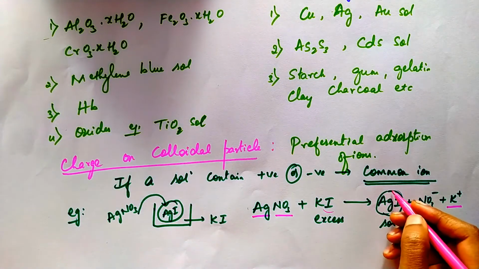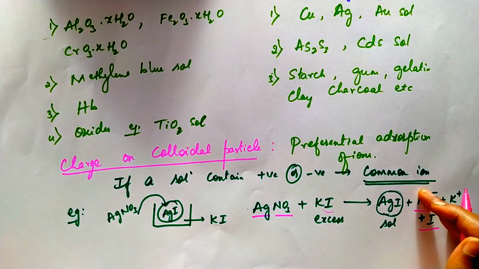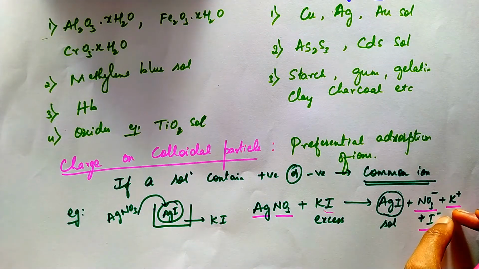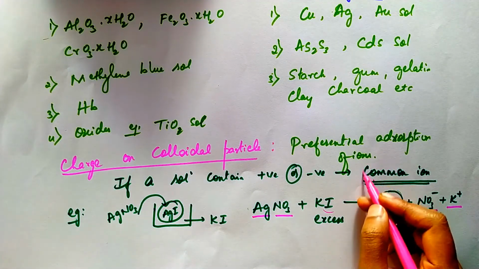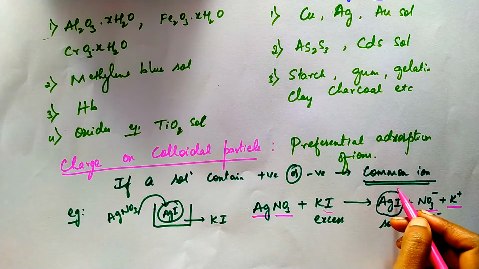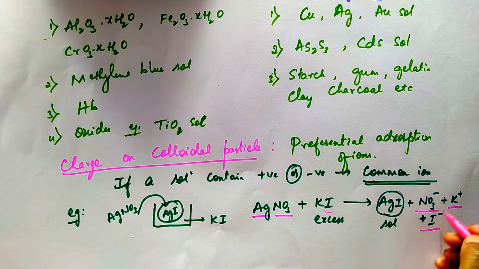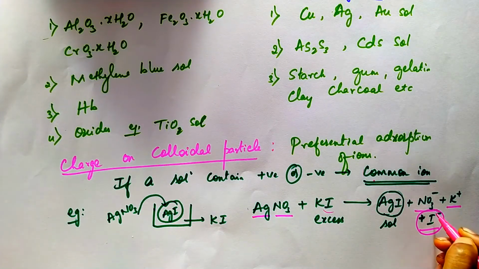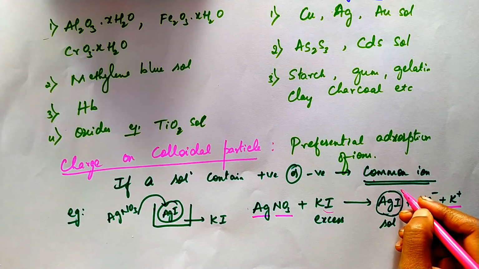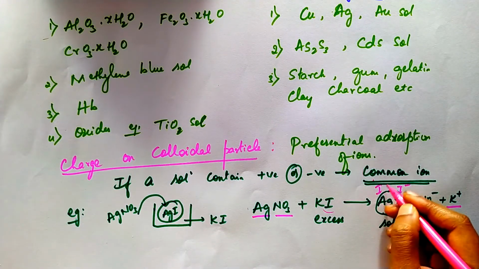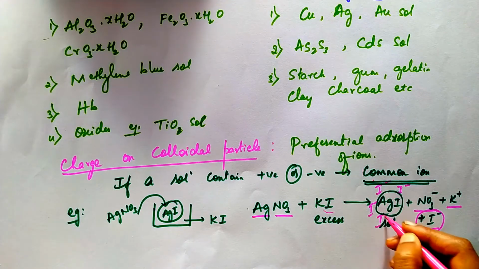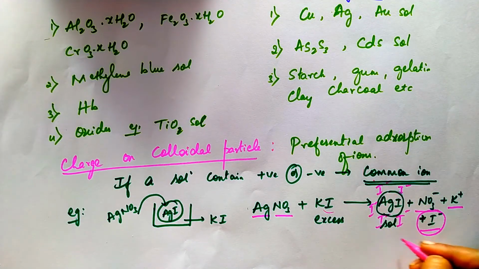Now this colloidal salt adsorbs which ion from these three? As I said, the common ion is adsorbed on the salt. Here the common ion is I minus. Therefore it is adsorbed on the surface of AgI, and it forms a negative colloid.